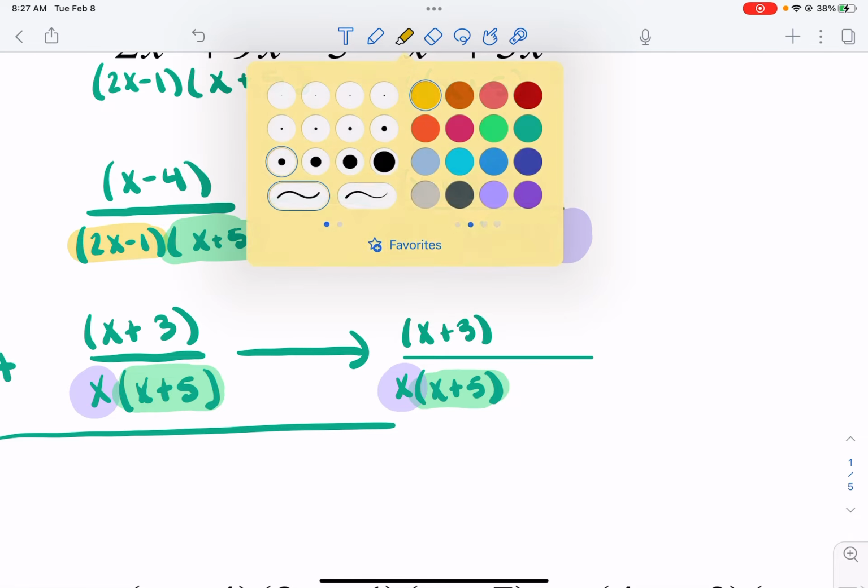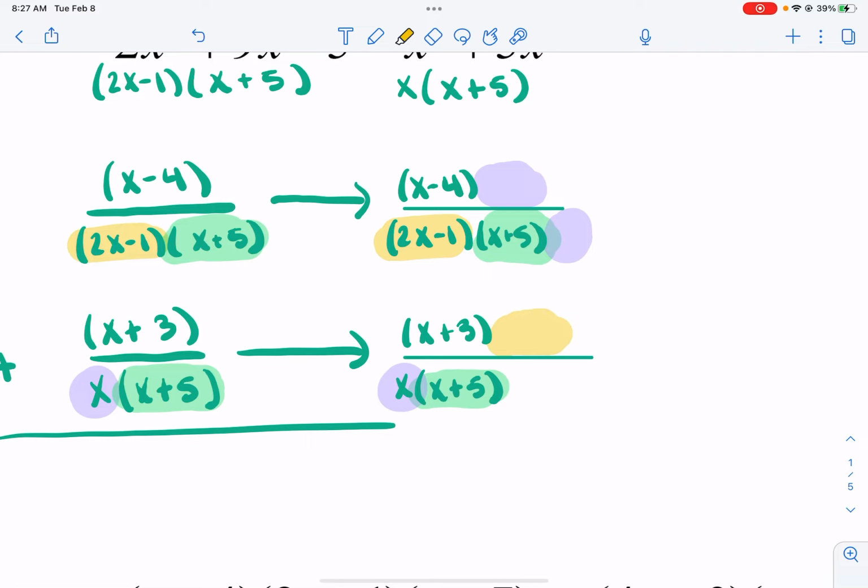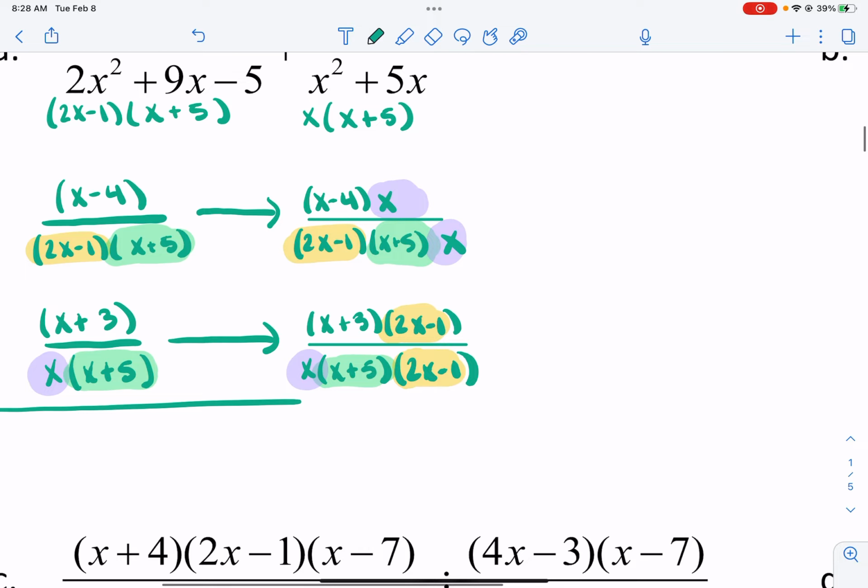And I need to get a gold here, as well as here. So I'm going to rewrite the x and the x here to multiply it. And then I'm going to write the 2x minus 1 here and here. Okay. So now that we have the same denominators, we can pull these together to add.